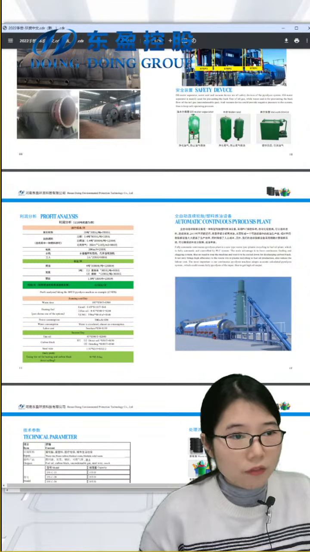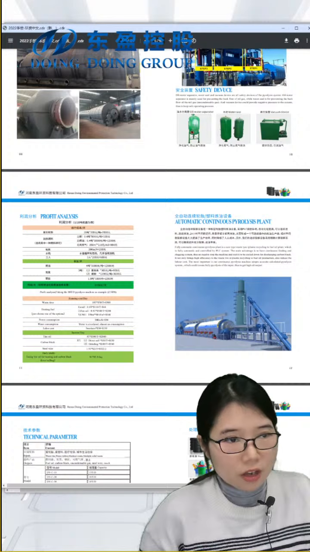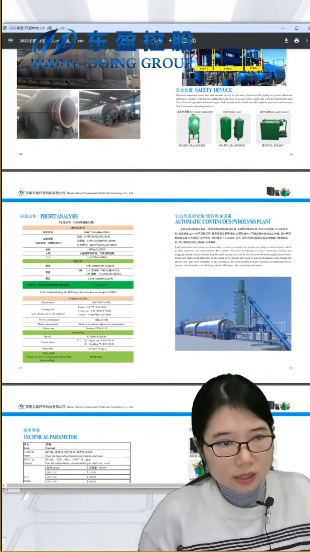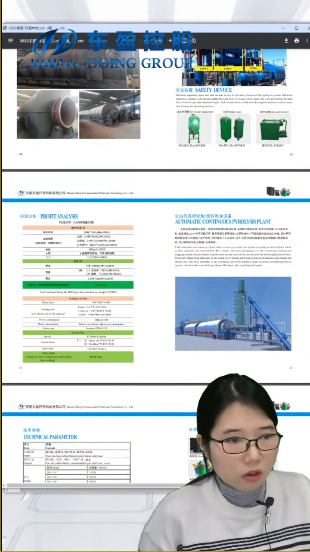And if some European and American countries want to use the full continuous pyrolysis machine, it can save a lot of labor cost for them.